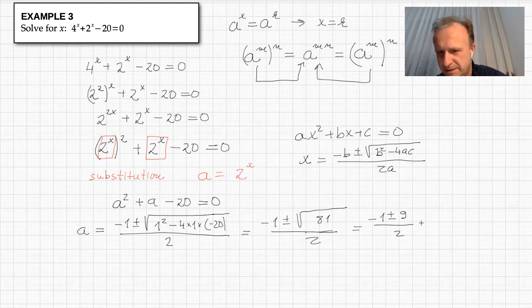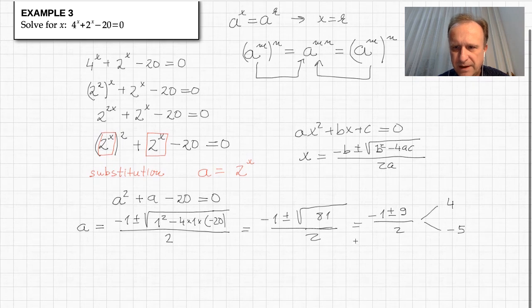So what I get is either minus 1 plus 9, which is 8 divided by 2 is 4, or I get minus 1 minus 9, it's minus 10 divided by 2 is minus 5. So there are two possibilities for the value of a. One of them is a equals 4, and another is a equals negative 5.